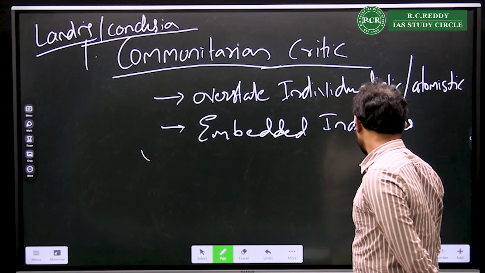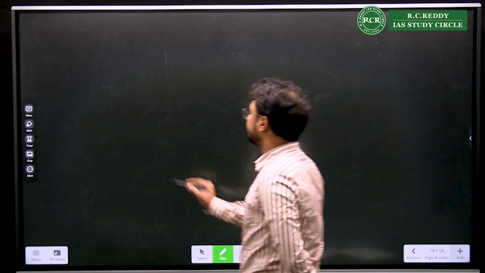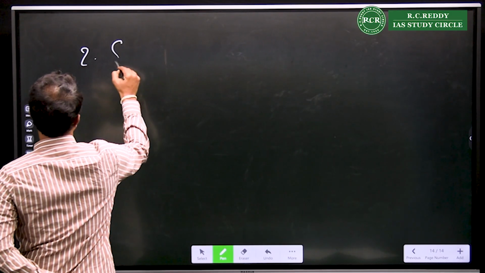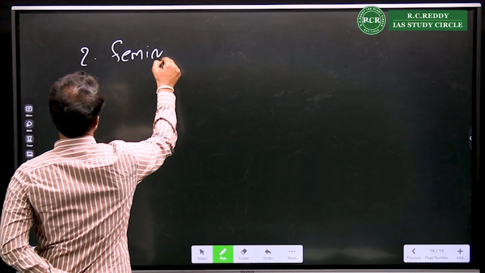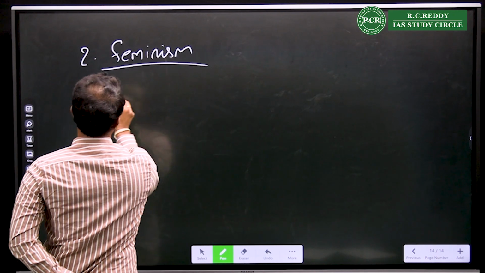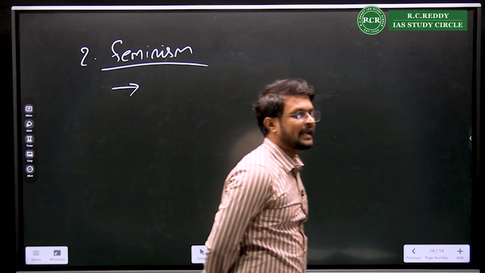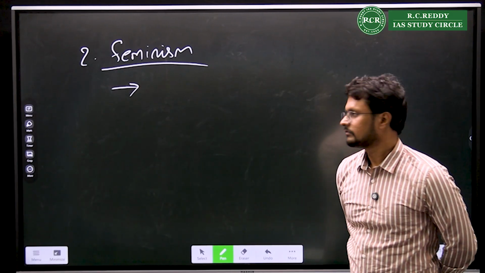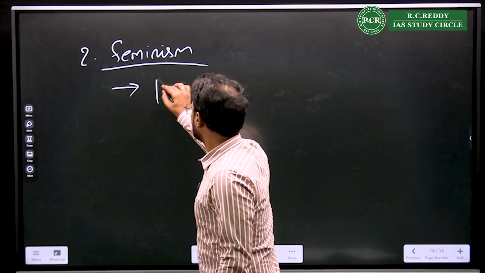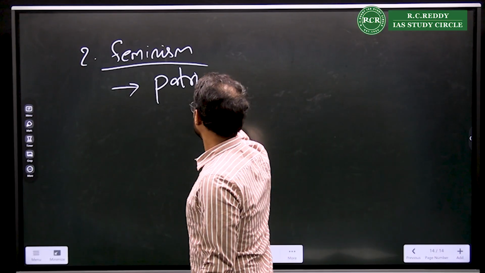The other criticism that you can see is the feminist criticism, which says the liberal theories overlook patriarchal domination.